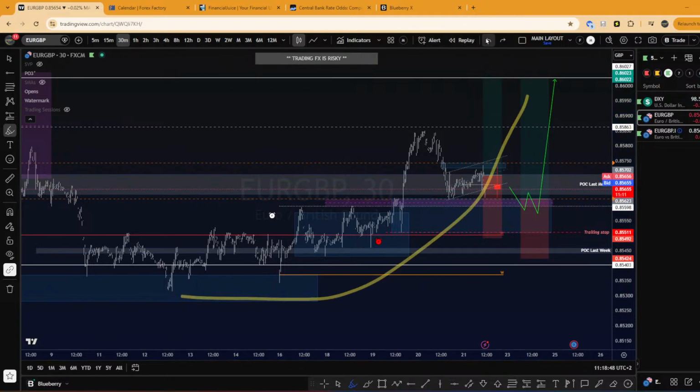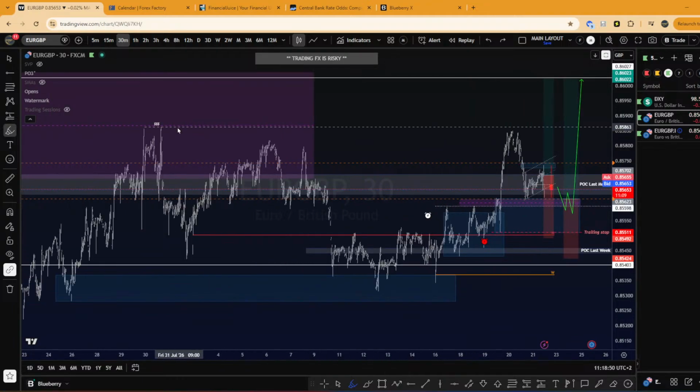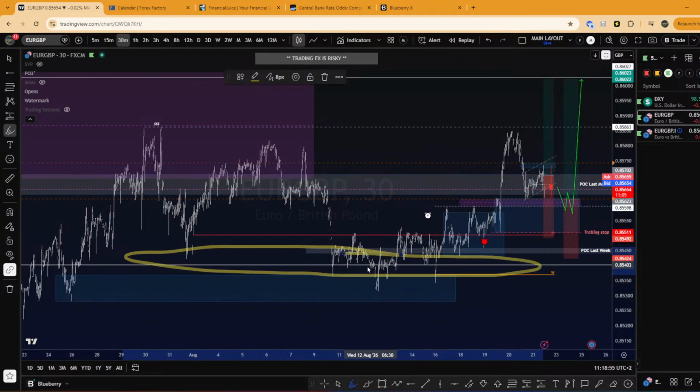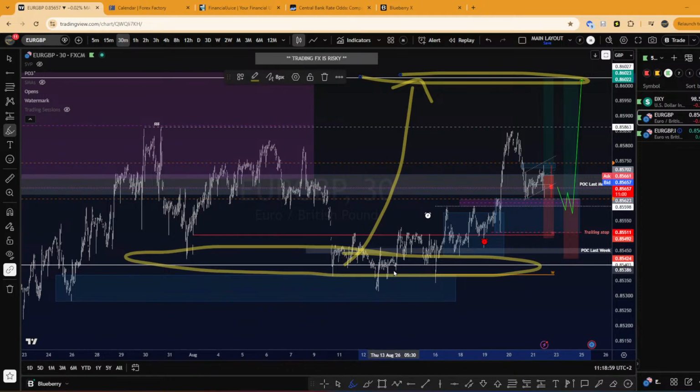The trend is up, at least for this period of time. We are rejecting this major level and want to target the next major level. So for me, it makes sense that we continue to push.